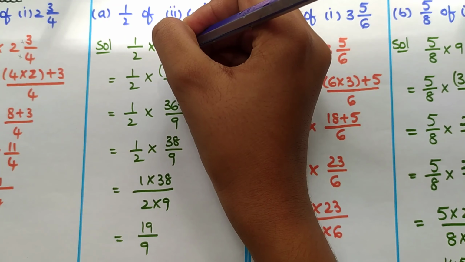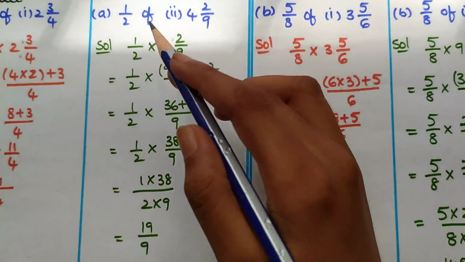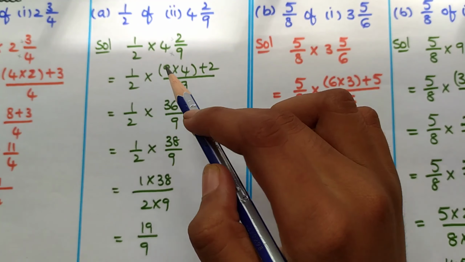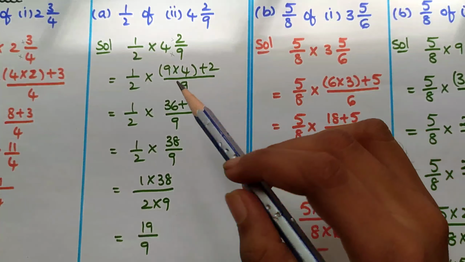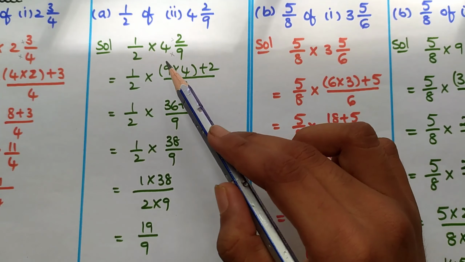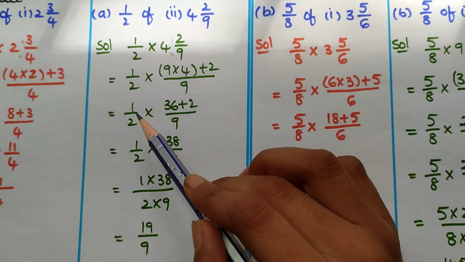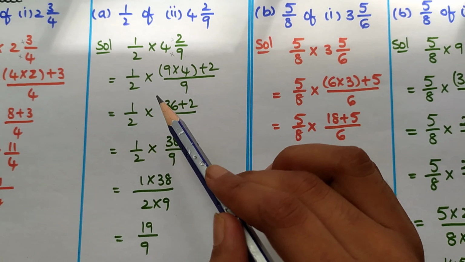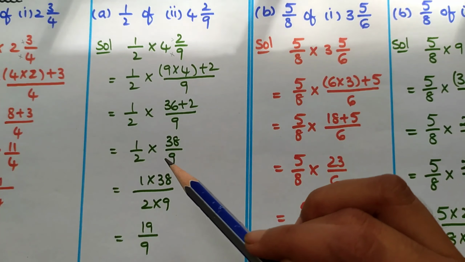Now 9 into 4 plus 2 by 9. So 1 by 2 into 9 into 4 plus 2 by 9. 1 by 2 into 9 into 4 is 36 plus 2 by 9. 1 by 2 into 36 plus 2 is 38 by 9.